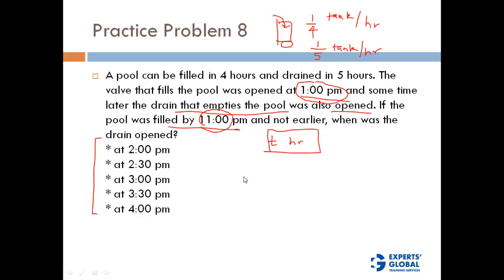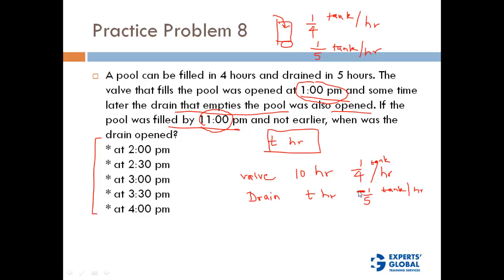This is the valve open for 10 hours, filling the tank at 1/4 tank per hour, and the drain open for t hours and draining the tank at 1/5 tank per hour.